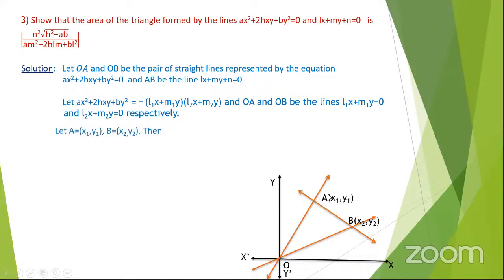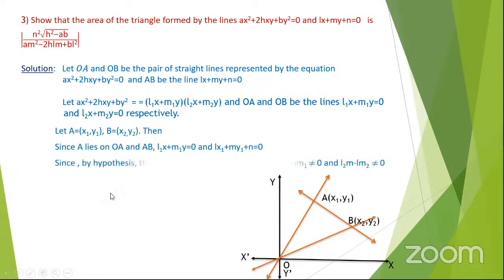Now, let A = (x1, y1) and B = (x2, y2). Then A lies on both the lines, that is on OA as well as on AB. That is, L1x1 + M1y1 = 0 and lx1 + my1 + n = 0.